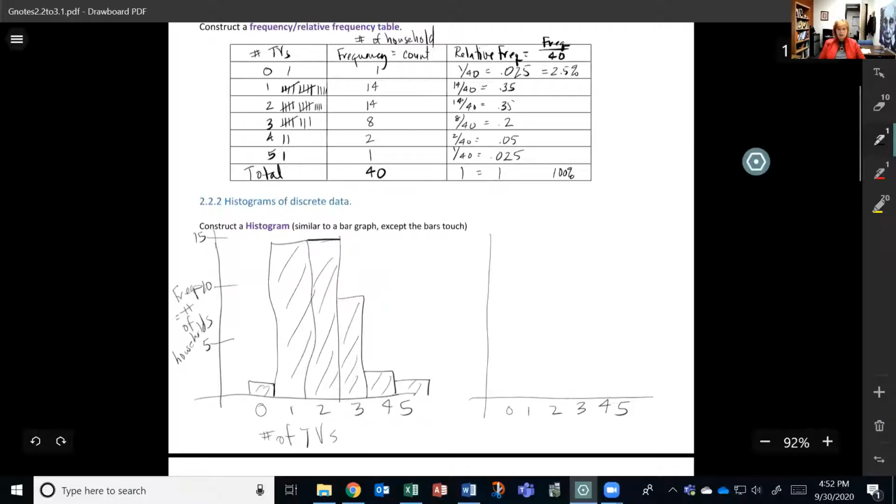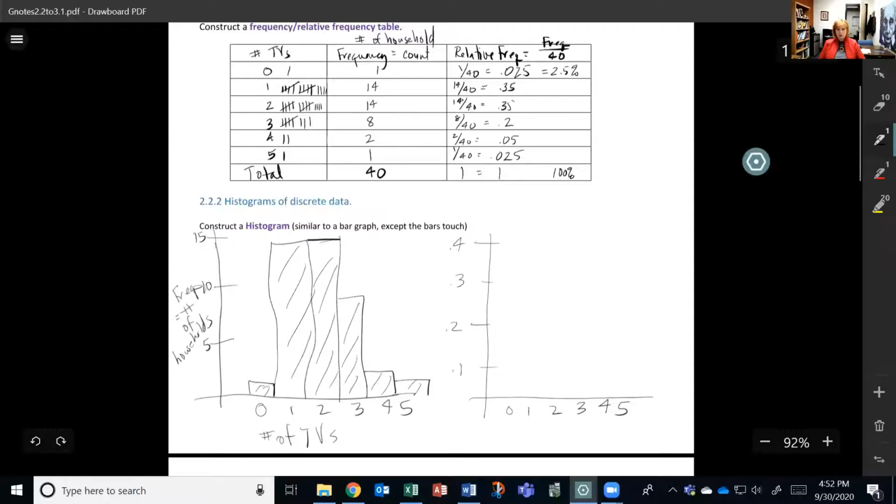And now this is going to be percent, or the decimal. So we'll use the decimal, because that's what they do in the book. My biggest decimal is 0.35, so maybe I'll make this one 0.4, and then I'll have 0.2, 0.1, and 0.3.